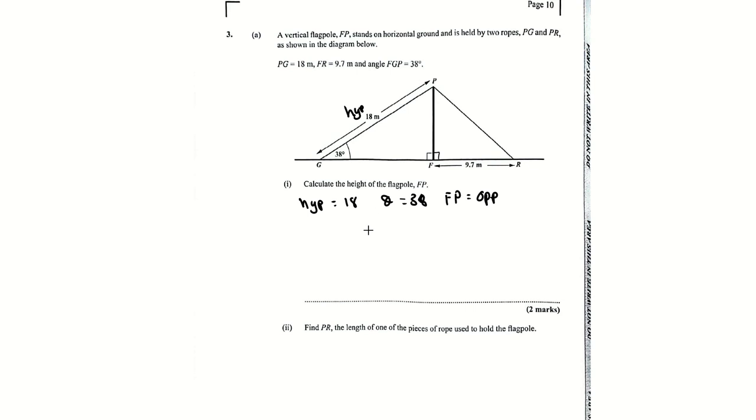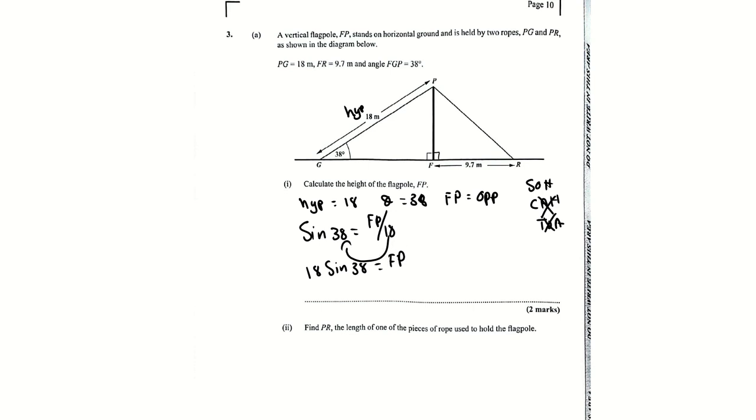Right? That's what they're trying to find out. So now, SOH CAH TOA. There's no adjacent, so it can't be this one and can't be this one. So it will be sine 38 is equal to FP over 18. Multiply by 18, so that's 18 sine 38 is equal to FP.